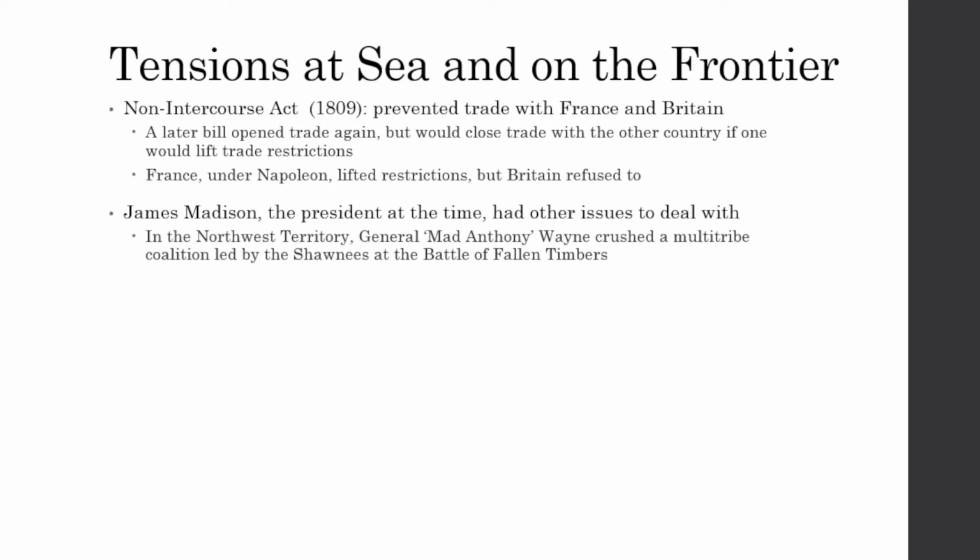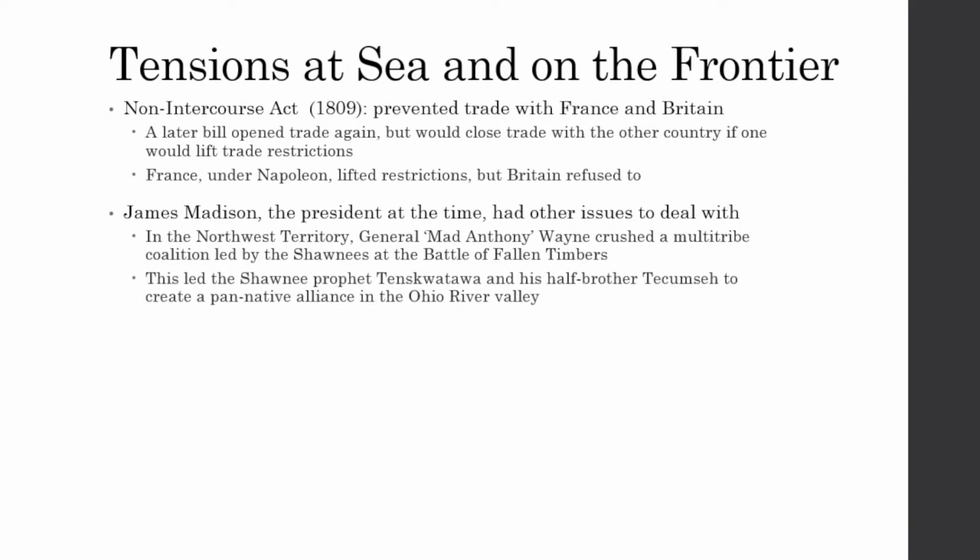Northwest Territory: General Mad Anthony Wayne crushed the multi-tribe coalition led by the Shawnees at the Battle of Fallen Timbers. We've mentioned this before with Little Turtle, I believe. So the Shawnee prophet Tenskwatawa, I think, and his half-brother Tecumseh.